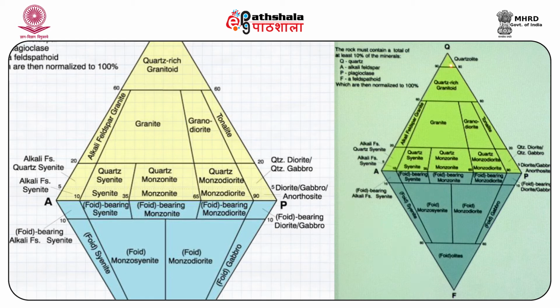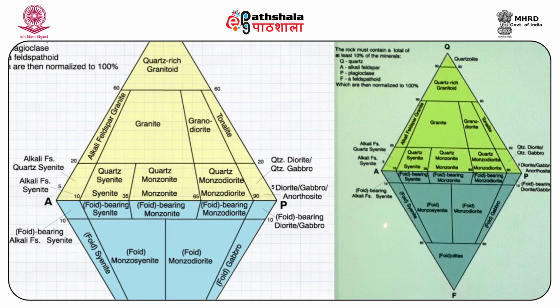You go from rocks very rich in quartz to less quartz and more alkali feldspar and plagioclase. Like this the classification goes, and these are all plutonic rocks. Plutonic rocks are those which crystallize at some depth and have enough time to form bigger crystals which you can see with the naked eye.